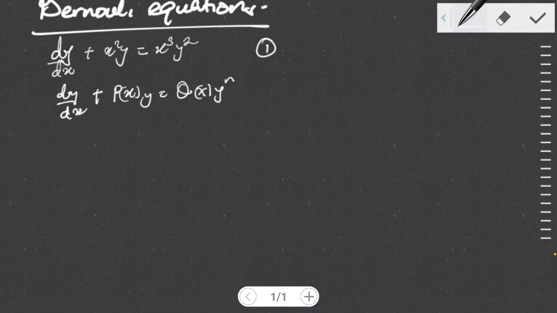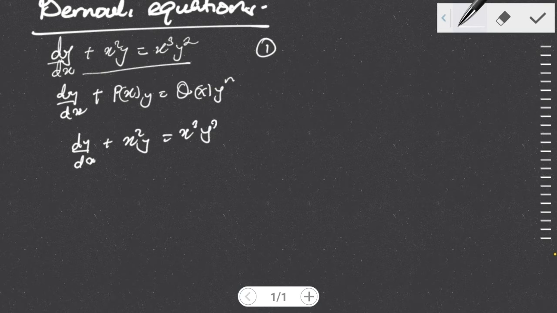Coming to this equation, dy/dx plus x squared y equals x cubed y squared, the first method is to divide by y squared throughout.